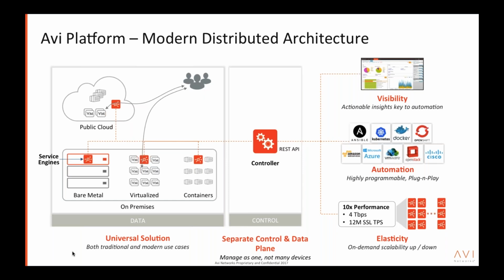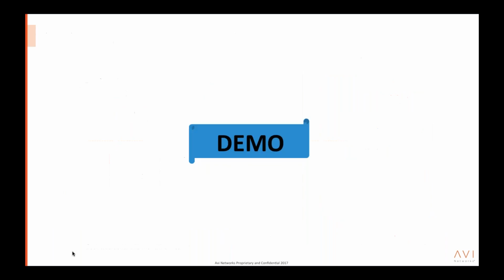We have actually demonstrated, and it's on our website, 1 million SSL TPS in a public cloud for a single VIP. You can see the demo today. As a fabric, we can scale up to terabits of capacity and millions or tens of millions of SSL TPS. So performance, a non-issue.